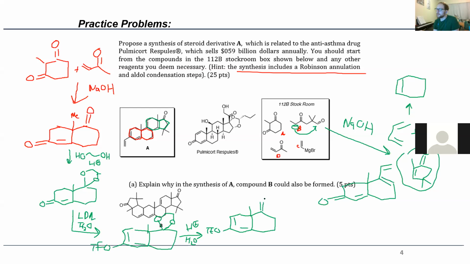That reveals our ketone. Now I'm going to add a vinyl group in using vinyl magnesium bromide. And now elimination of this alcohol, which we can do with acid.